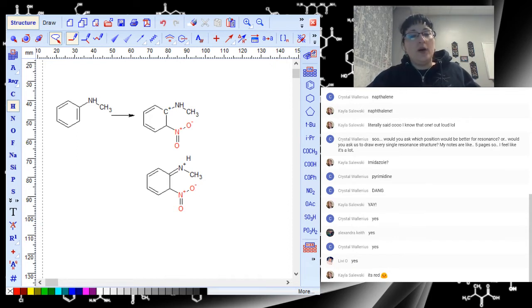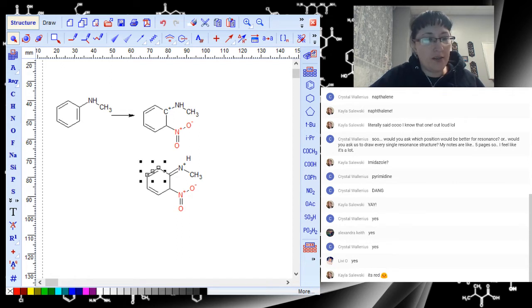So that would be one resonance structure, right? Well, you could take the double bond right there. I don't know if you guys can see that highlighted. Let me look real quick. Yeah, okay. So you could take that highlighted carbon bond and then move that, right?